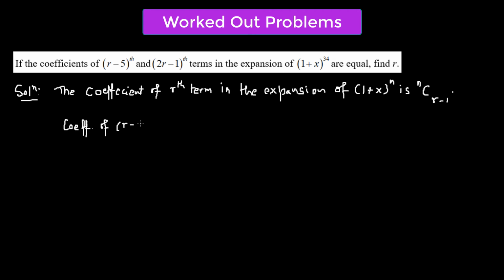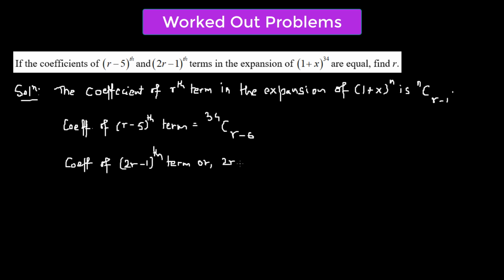Now using this, the coefficient of the (r - 5)th term will be equal to 34C(r - 6), and we have the coefficient of the (2r - 1)th term, which can also be written as the (2r - 2 + 1)th term.